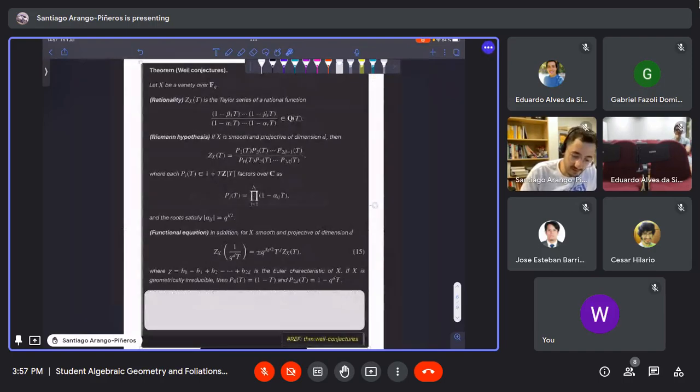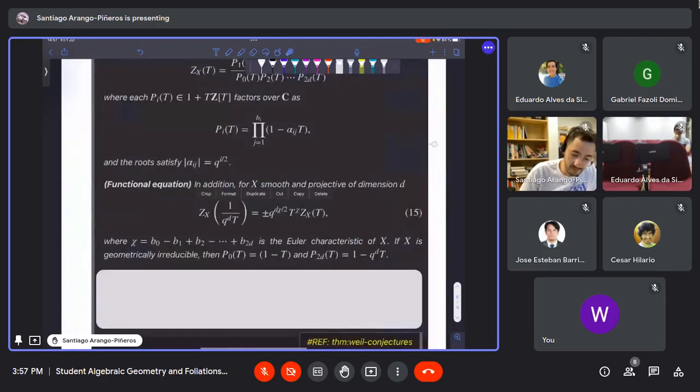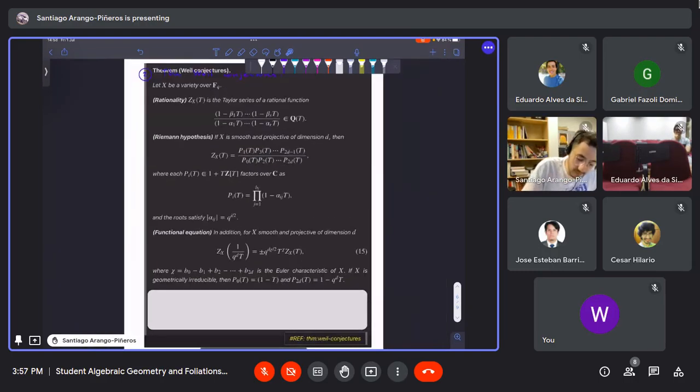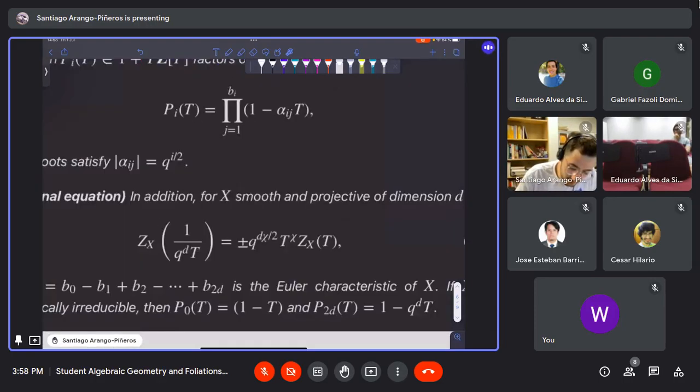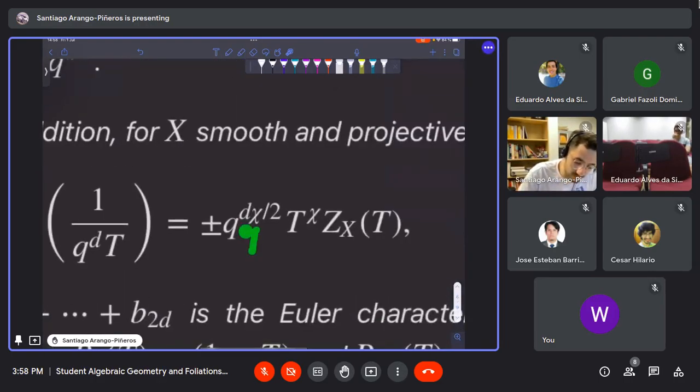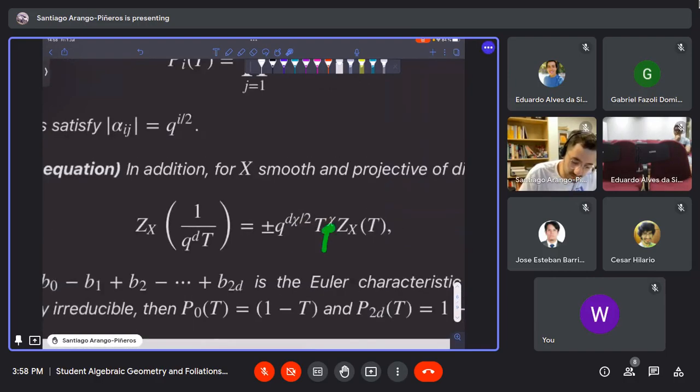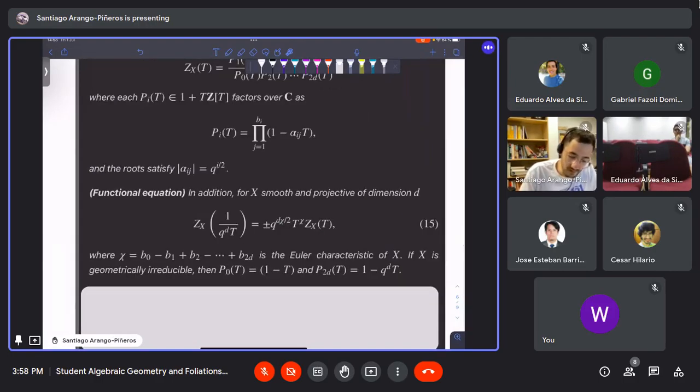Associated to our variety, we have something called the Euler characteristic, which is going to be the alternating sum of these degrees. So this is this term appearing here and here. d is the degree of our variety. Furthermore, if X is geometrically irreducible, then we know what P_0 and the top degree polynomial should be.